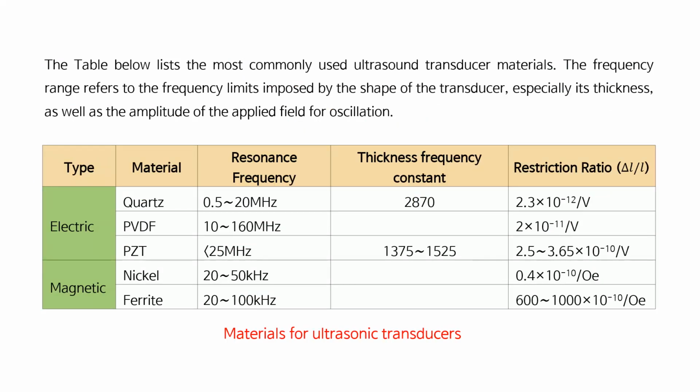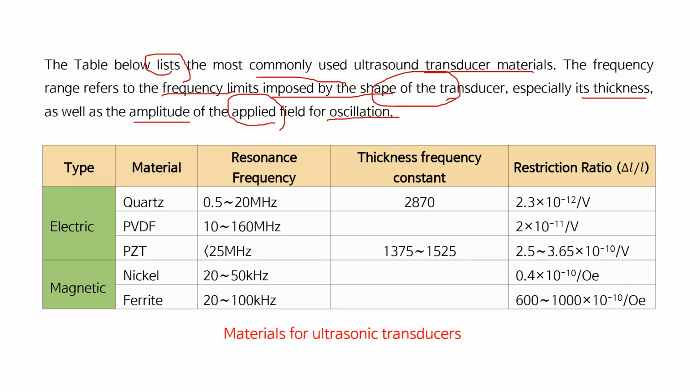The table below lists the most commonly used ultrasound transducer materials. The frequency range refers to frequency limits imposed by the shape of the transducer, especially its thickness, as well as the amplitude of the applied field for oscillation.